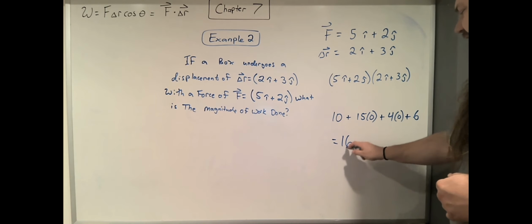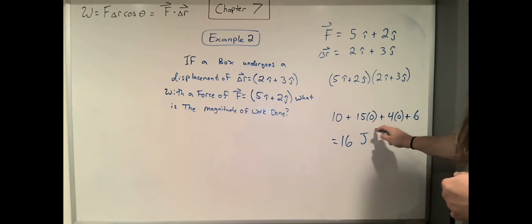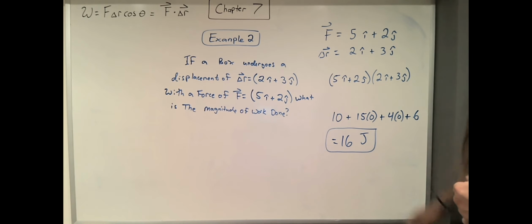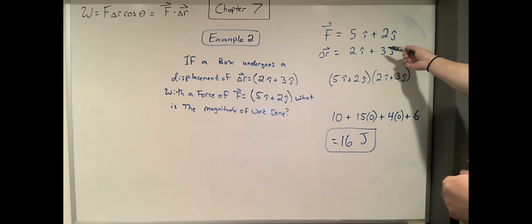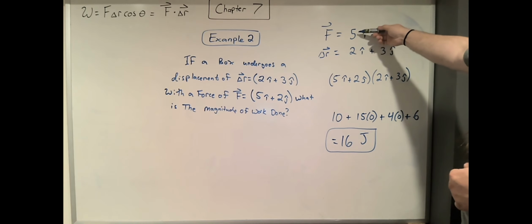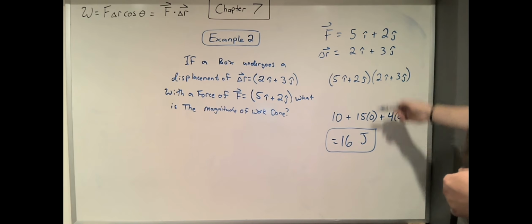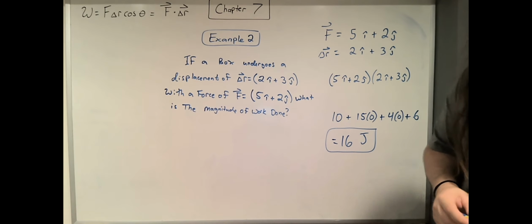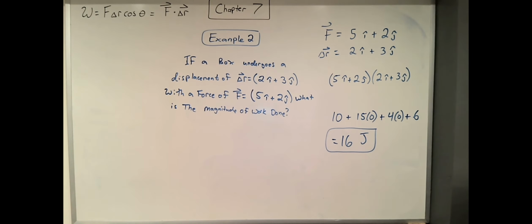We end up with 16, and of course the units of work are joules. That's why I prefer writing them like this, because then you just multiply down. We have 10 plus 6, and we get 16 joules. Notice there's no direction on it anymore, because i times i is equal to 1. It cancels out the direction. It's not a vector anymore. So this is just the magnitude of the work that has been done.